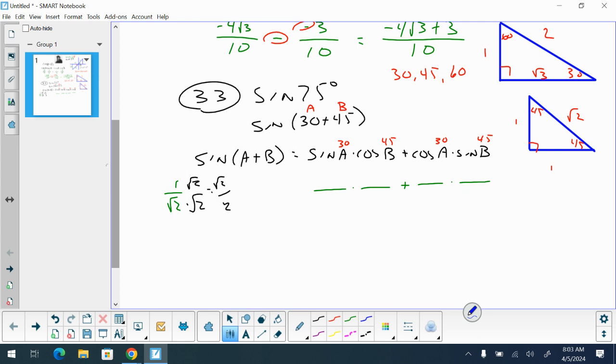Sine of 30 is what, Zach? 1/2. Cosine 45? 1 over square root of 2. Which rationalizes? 1 over square root of 2 rationalizes to what? Were you listening to what I talked about up here? What does 1 over square root of 2 rationalize to, Matthew?